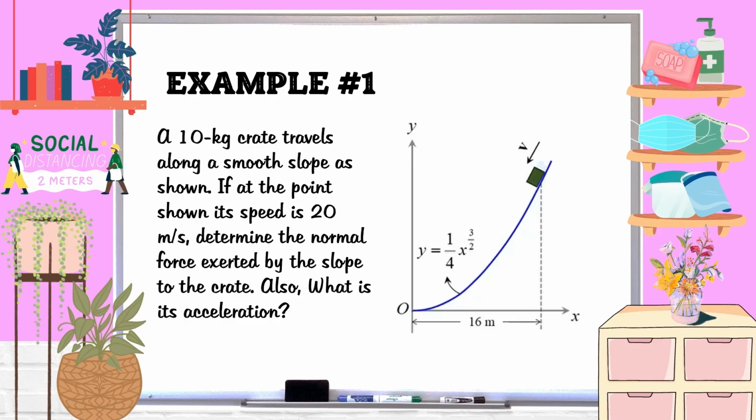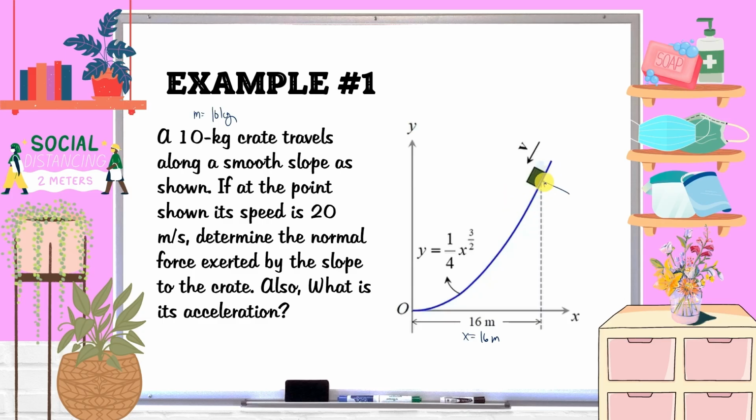Based on this example, we have a 10 kilogram crate that travels, so this refers to mass, along a smooth slope as shown. At the point shown, which is at x equals 60 meters, the speed is 20 meters per second. Determine the normal force, and the normal force is not an upward force in this representation.